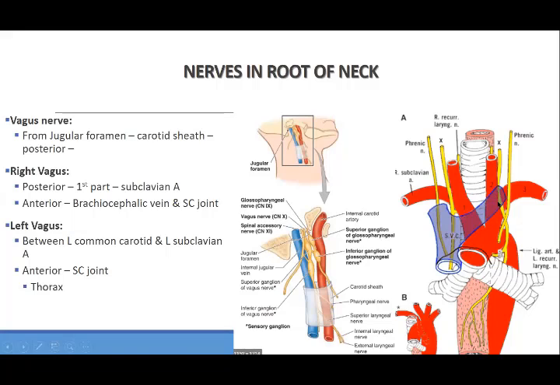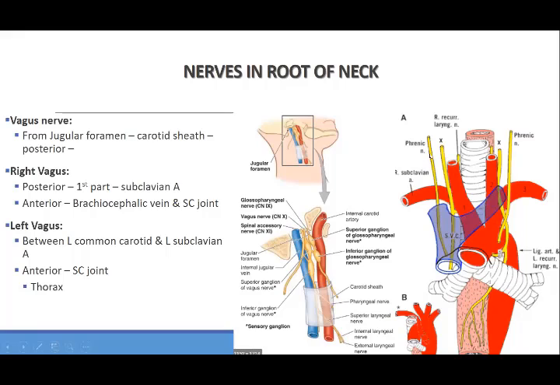And for doing so, it passes behind the brachiocephalic vein, left side, and it also passes behind the sternoclavicular joint. So lying anterior to the 10th cranial nerve is the sternoclavicular joint, but before that, it's also the brachiocephalic vein. Okay? And then, of course, it enters the thorax where it is lying anterior to the arch of aorta.